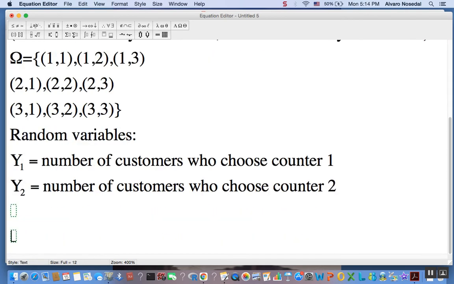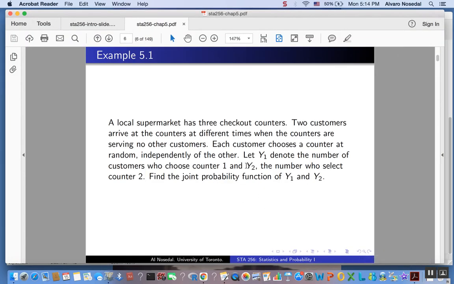Got it? That's what they said: y1, the number of customers who choose counter 1, and y2, the number of customers who select counter 2.